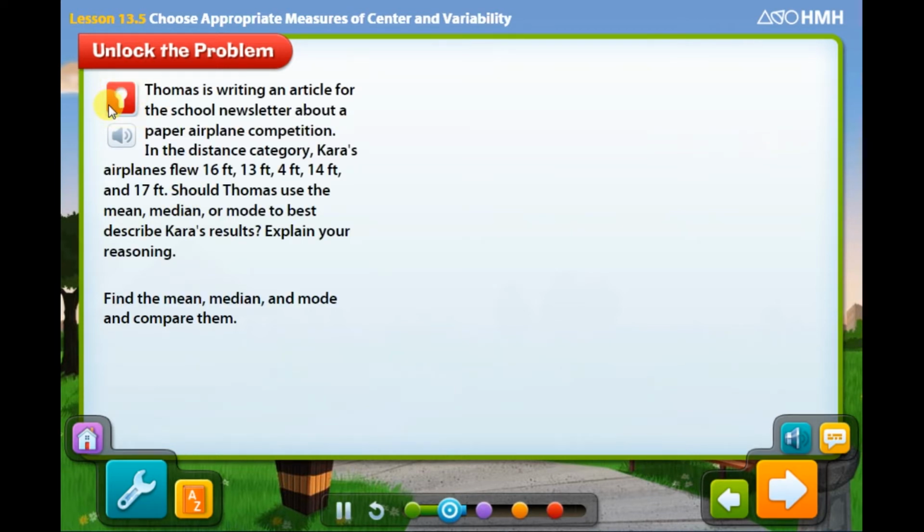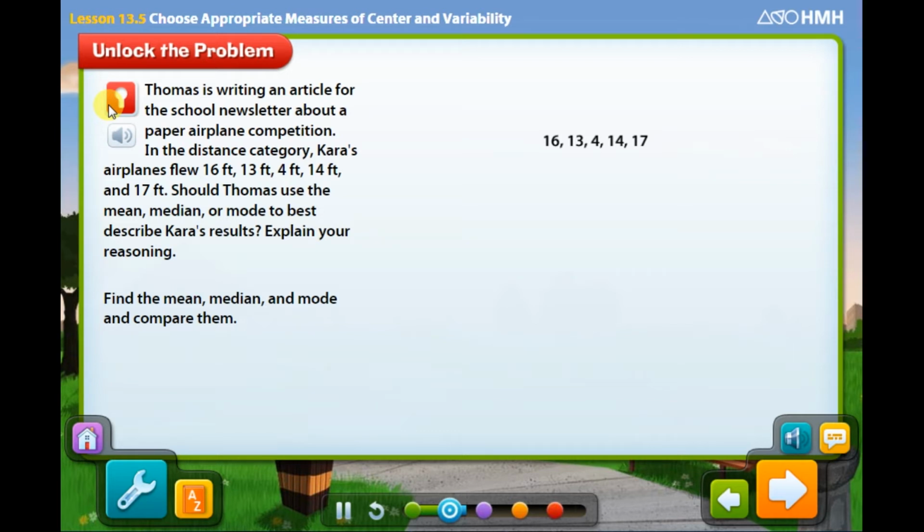To determine which measure of center to use, find the mean, median, and mode and compare them. Let's start by finding the mean of 16, 13, 4, 14, and 17.